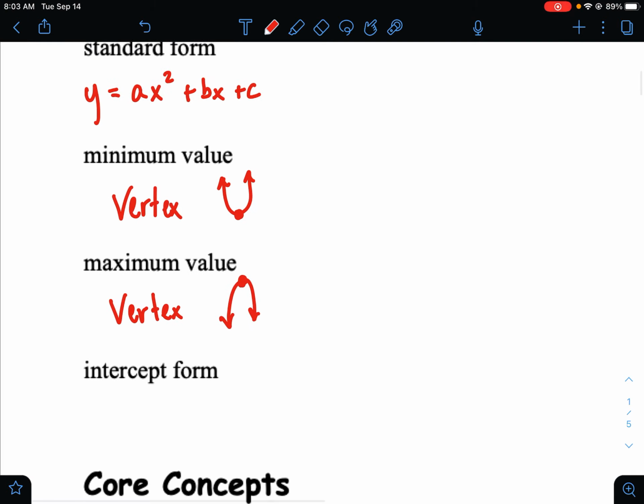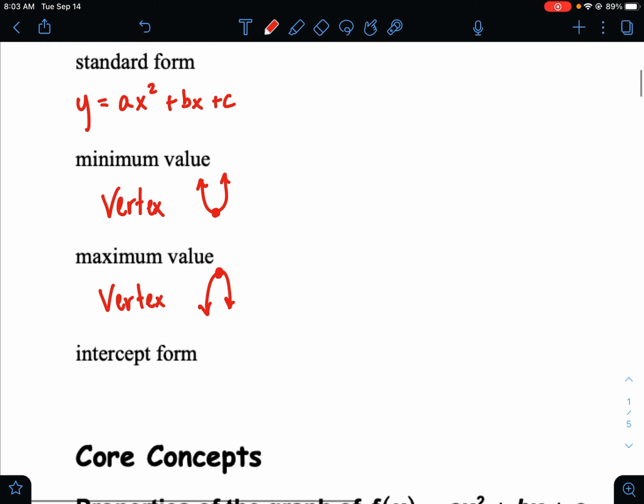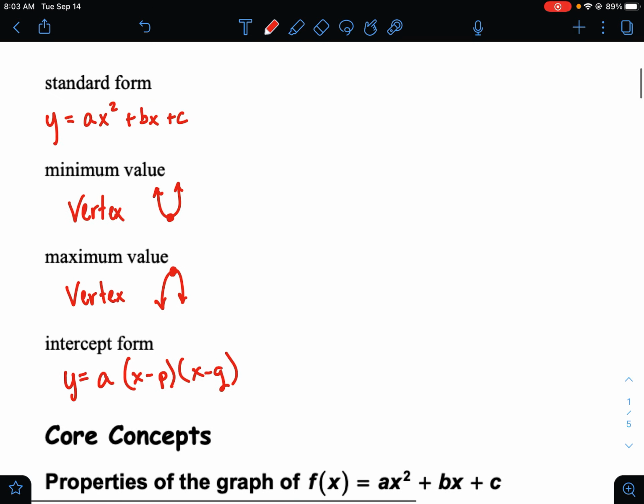The other type of form we're going to go over today is intercept form, which is y equals a times x minus p, parentheses, x minus q. I mentioned that each form gives you something. There's actually a third form called vertex form, but we're going to address that next class.